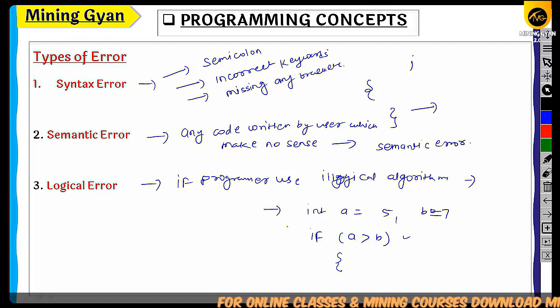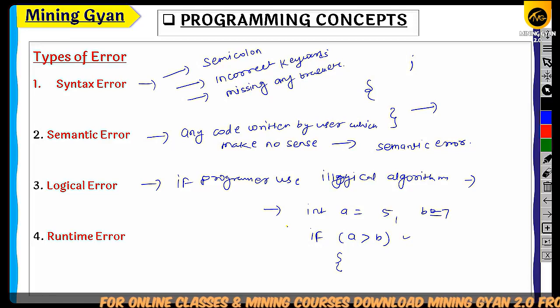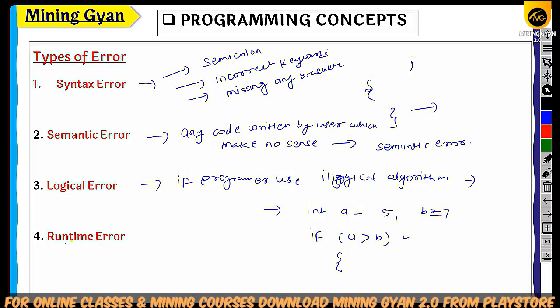The last one is the runtime error. It occurs during the execution of the program, when the program tries to perform an illegal operation.